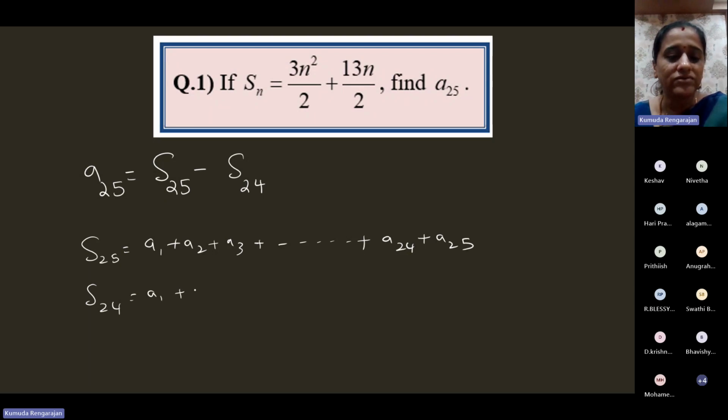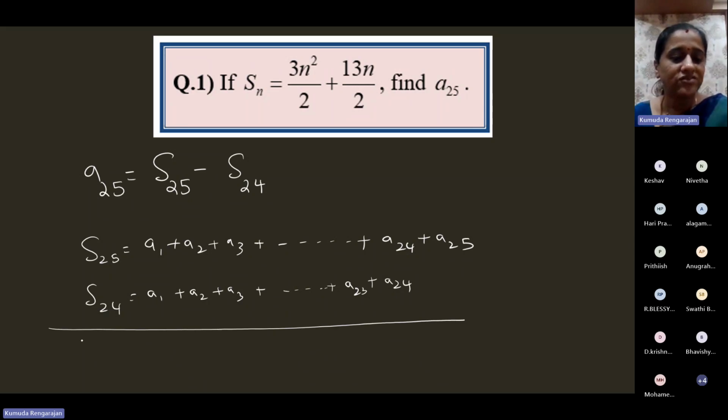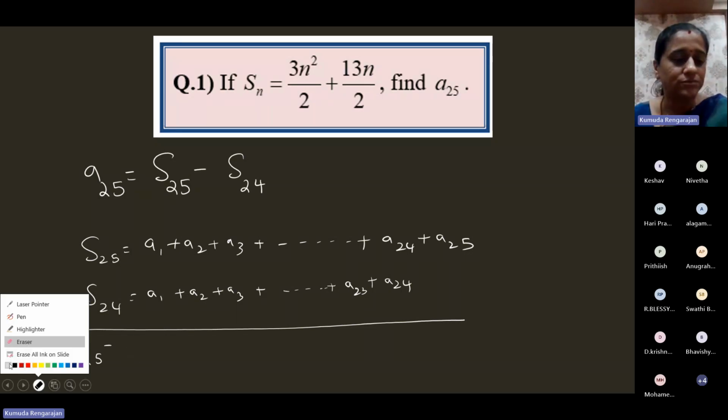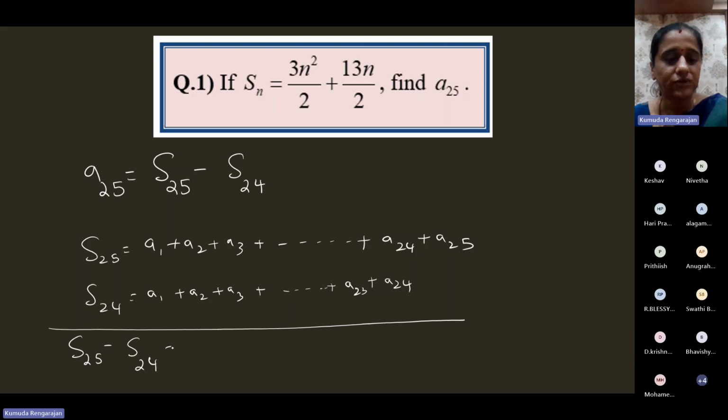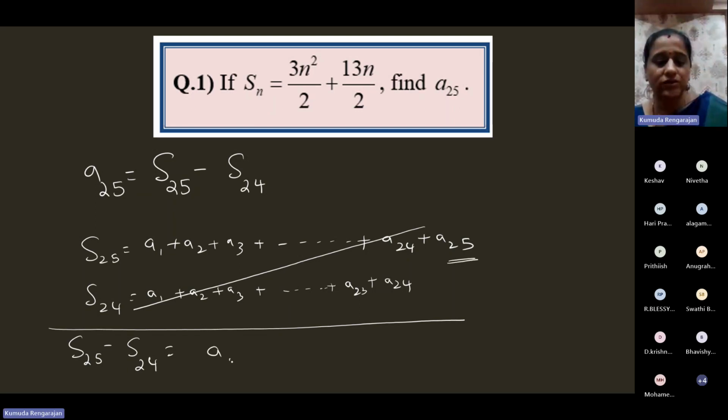It's A1 plus A2 plus A3, up to A23, A24. So when you find the difference, S25 minus S24, and subtract, everything cancels, and you're left with A25. So A25 is S25 minus S24.